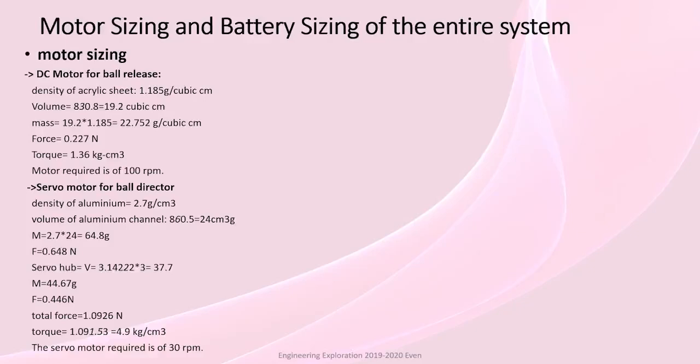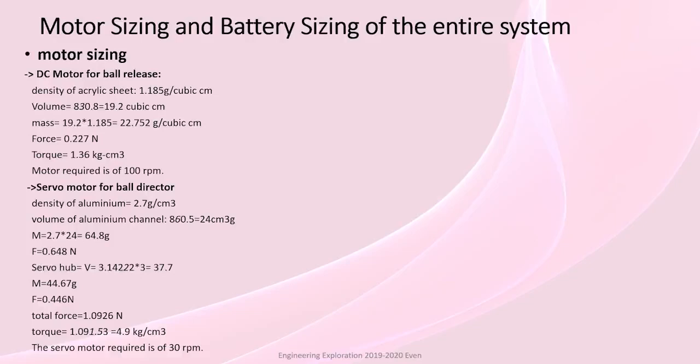Now motor sizing and battery sizing of the entire system. For the motor sizing, first is the DC motor for the ball release. The torque required for that component we have calculated by taking the density of the acrylic sheet which is used in making that part. We have calculated the volume and mass, and using that, the force and then the torque.